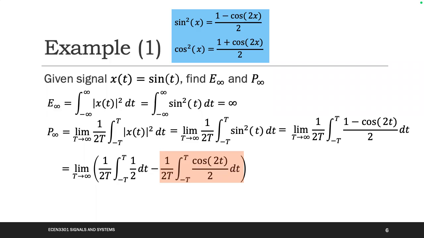If you want to compute this one, like the integral from negative infinity to infinity, and cosine 2t equals, like 2 sin 2t. Do you remember that? Yeah, we talked about this to review the math.